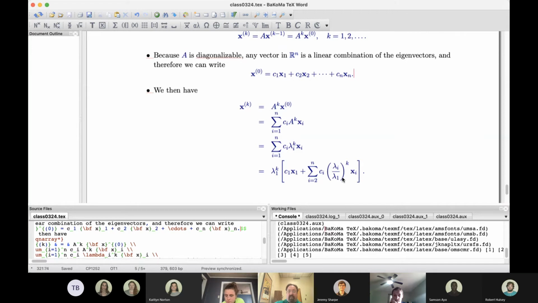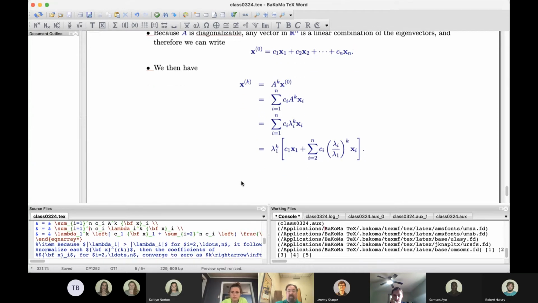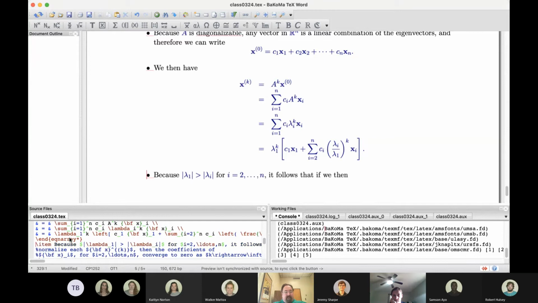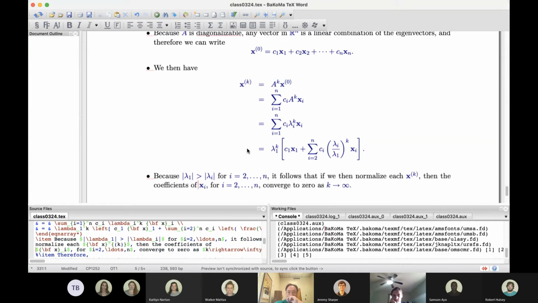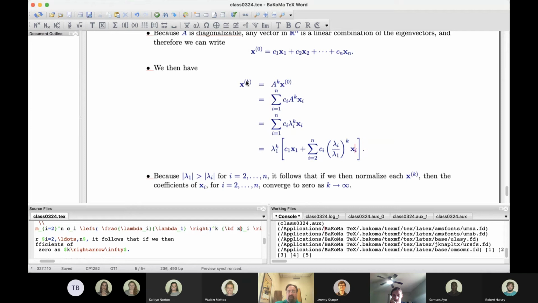We know that lambda 1 is the largest eigenvalue. It's also non-zero, so dividing by it is fine. Now, what happens to this expression as k goes to infinity? This whole thing is a coefficient of xi within xk.